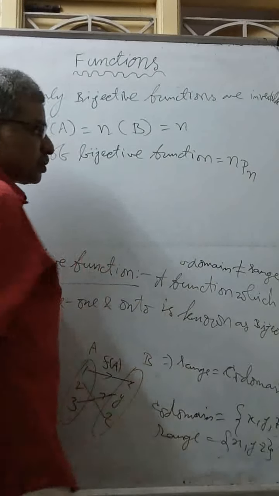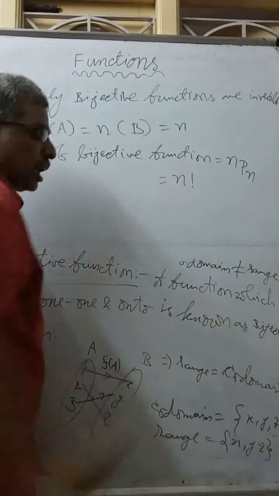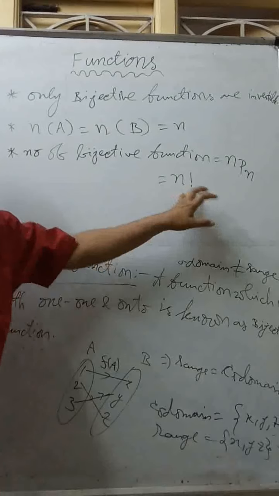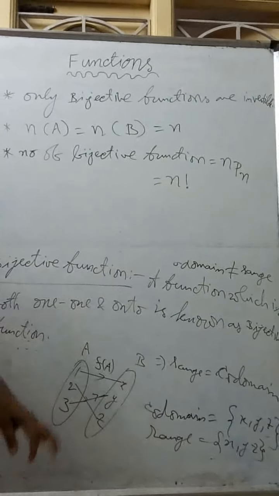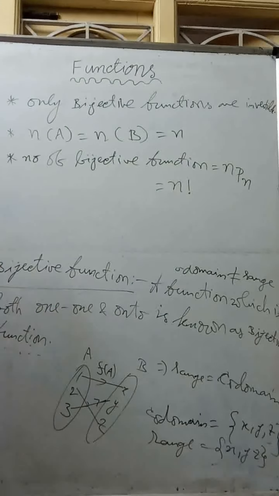This I can also write as n factorial. The number of bijective functions is nPn, which is nothing but n factorial.